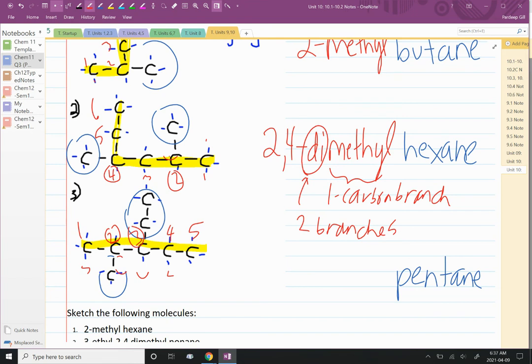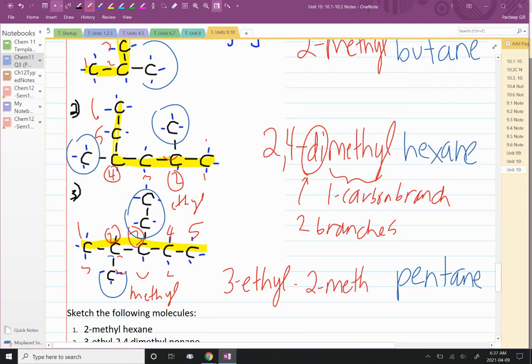And now I just go ahead and name. So this is a methyl group, and this is an ethyl. So I want to write it alphabetical. So it would be 3-ethyl-2-methylpentane.